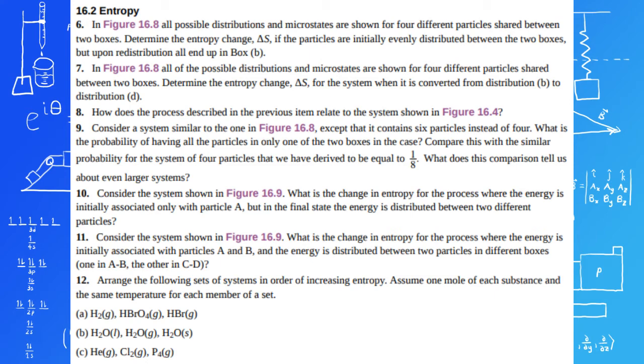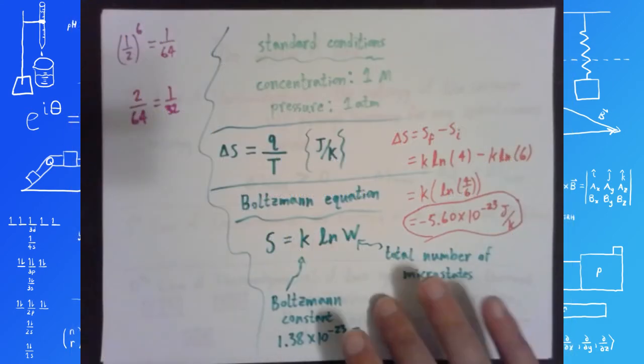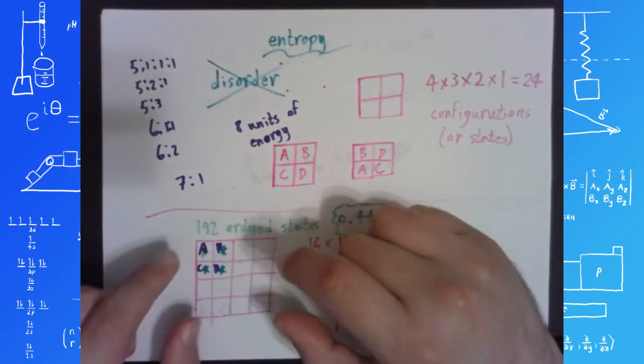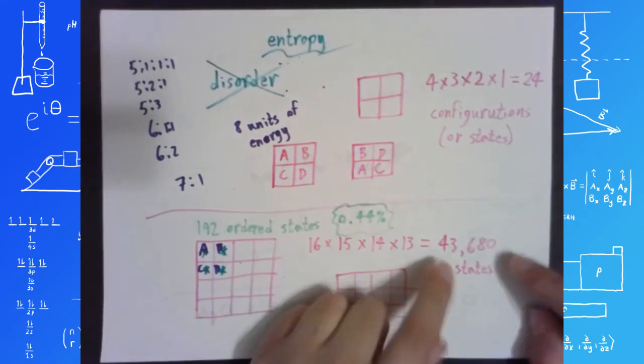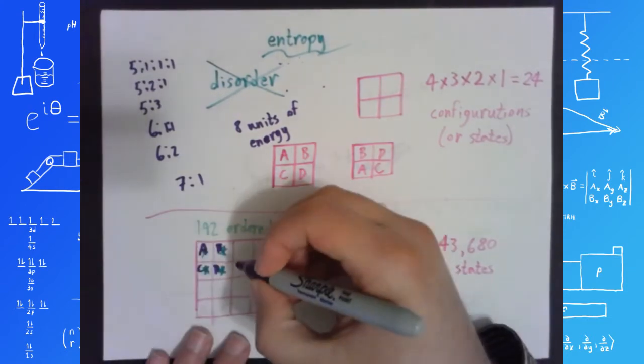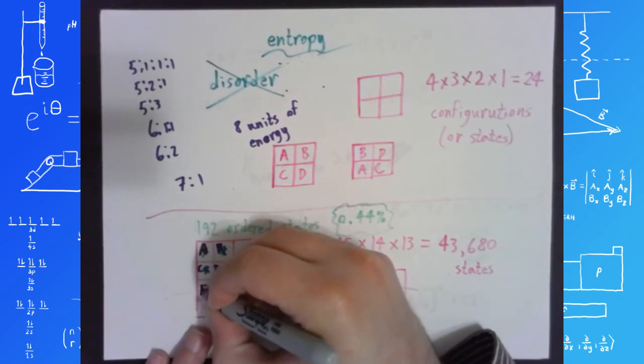So if I go back to my grid thing, expanding the grid increases the number of possible states. Increasing the number of particles also increases the possible number of states. What if I had 2 more particles, E and F?